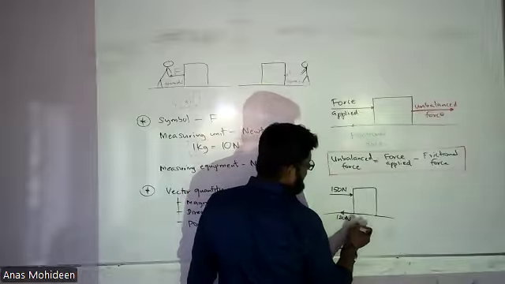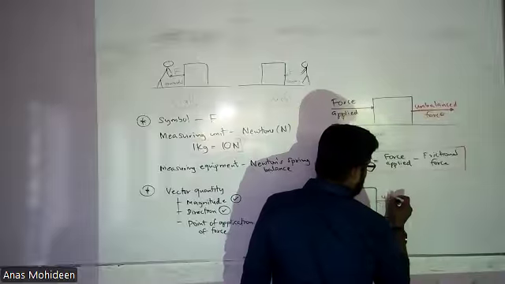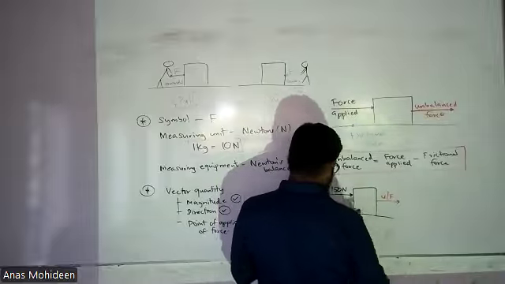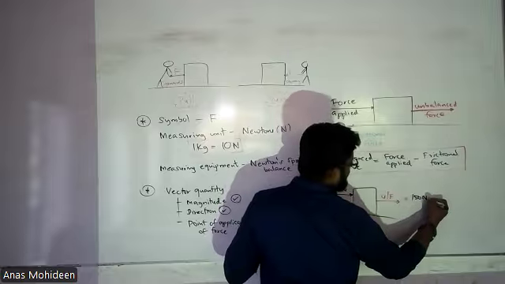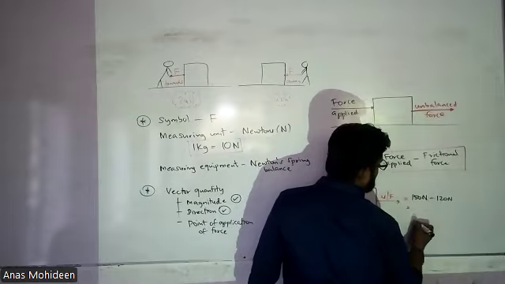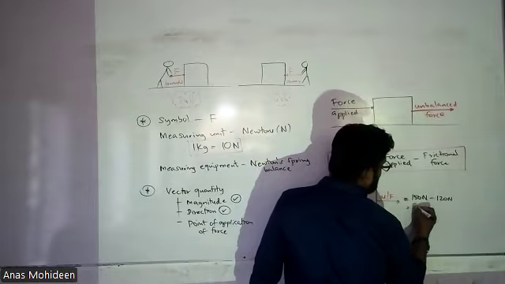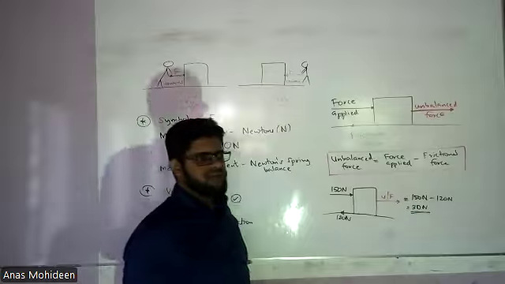Opposing is 120 Newton. Then how much will be the unbalanced force? Unbalanced force will be 150 Newton minus 120 Newtons. So how much is it? 30 Newtons. Is that clear?